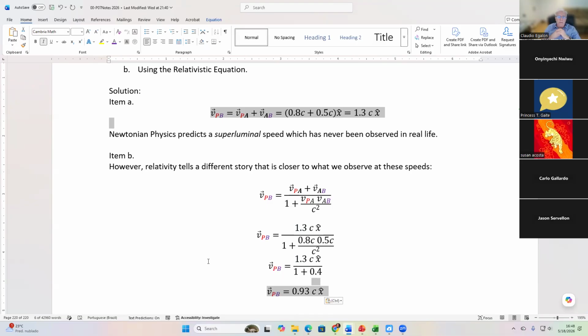Yeah, 40 to 50% difference. Okay. So we're done with relativity.